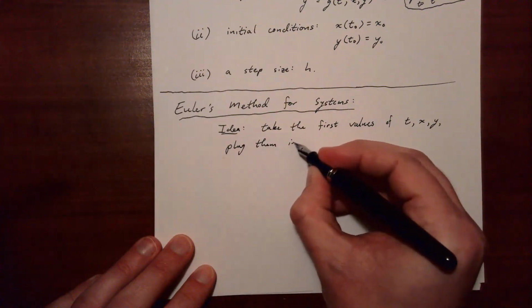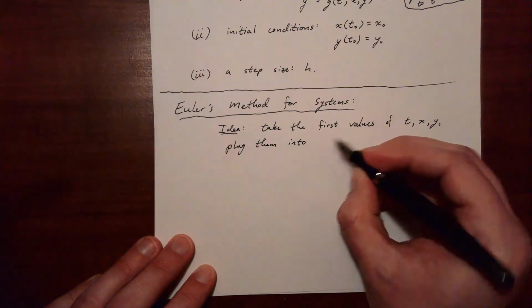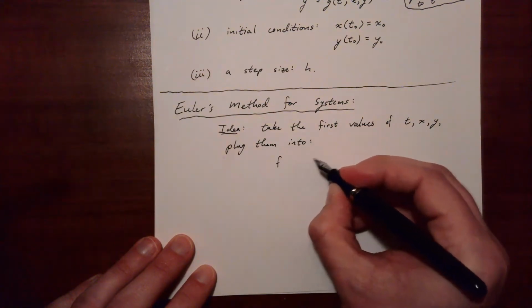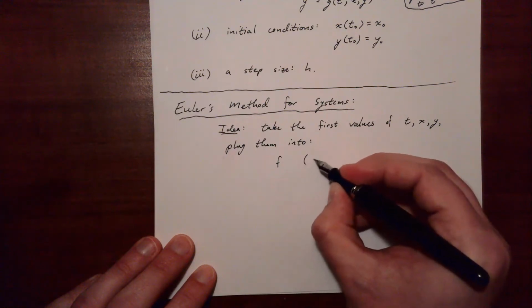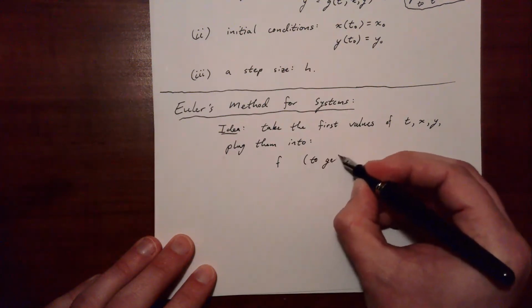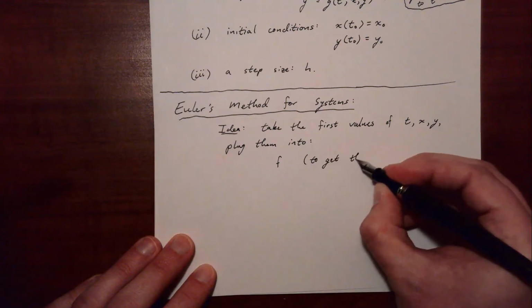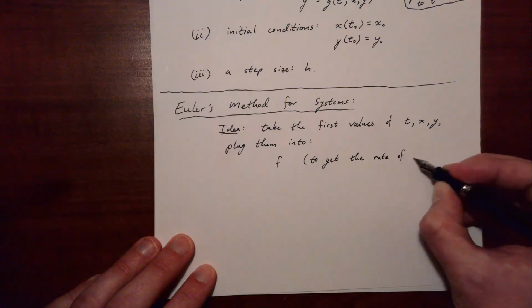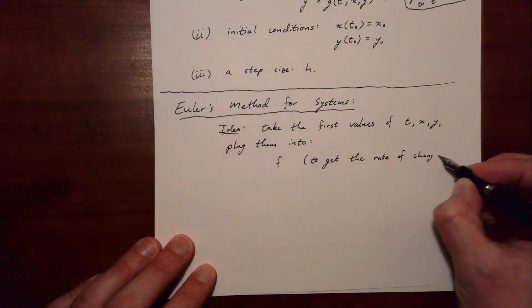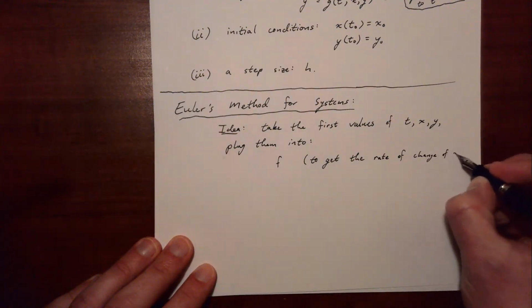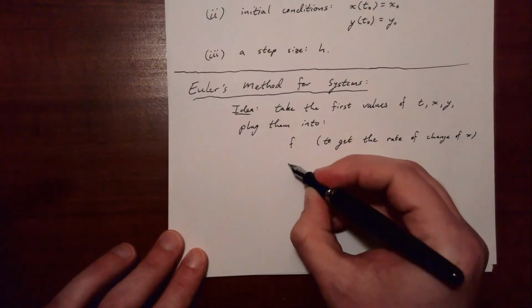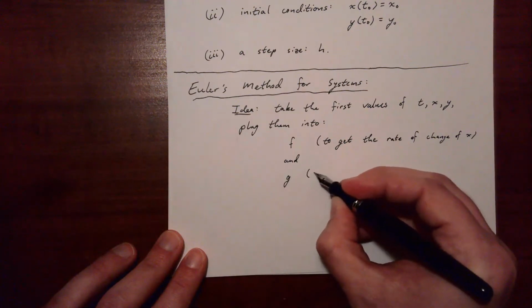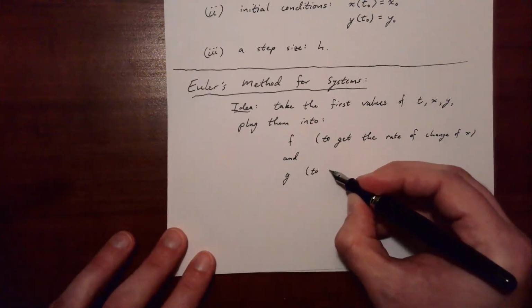plug them into, first off, f, and that's to get the rate of change of x, and g, and that's to get the rate of change of y.